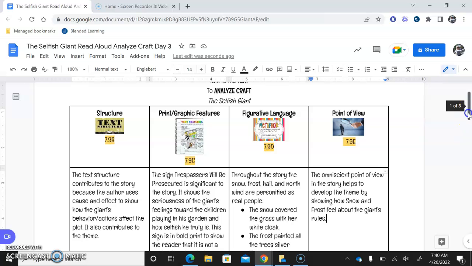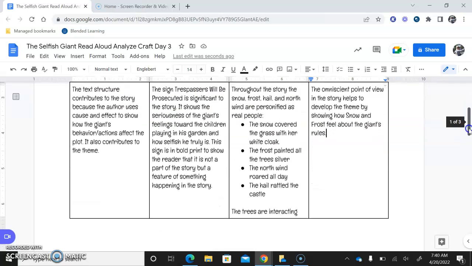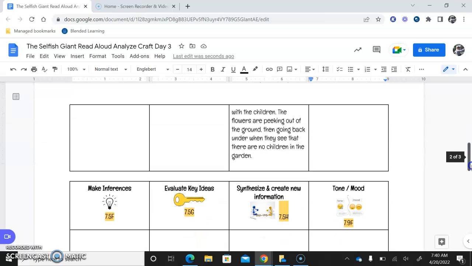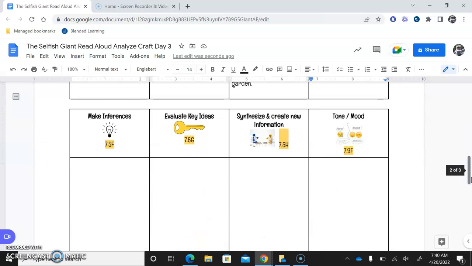So now we're going to be moving on to the rest of our organizer here. Now, again, here we are back with make inferences. Now, the inferences that we could put in this graphic organizer are the same inferences from the previous graphic organizer. So I'm not going to fill all that in again.